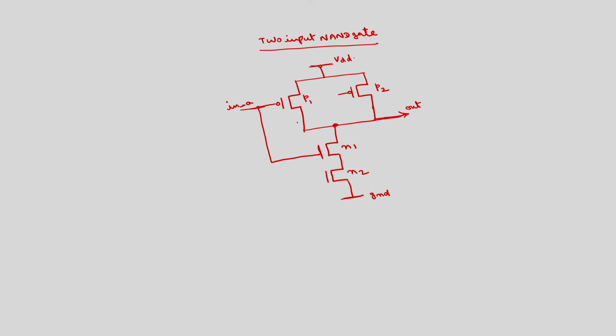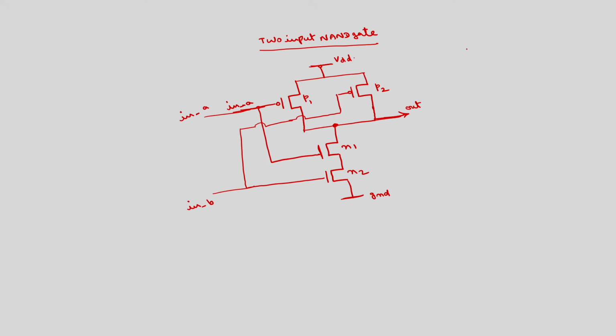This is in_B, this is in_B. We have two inputs and one output. Okay. We can easily explain the operation of this one.